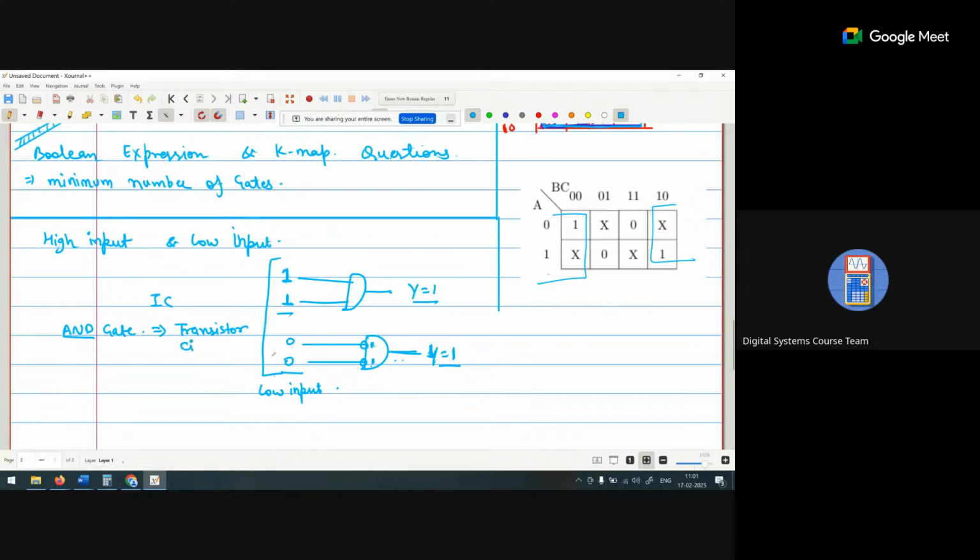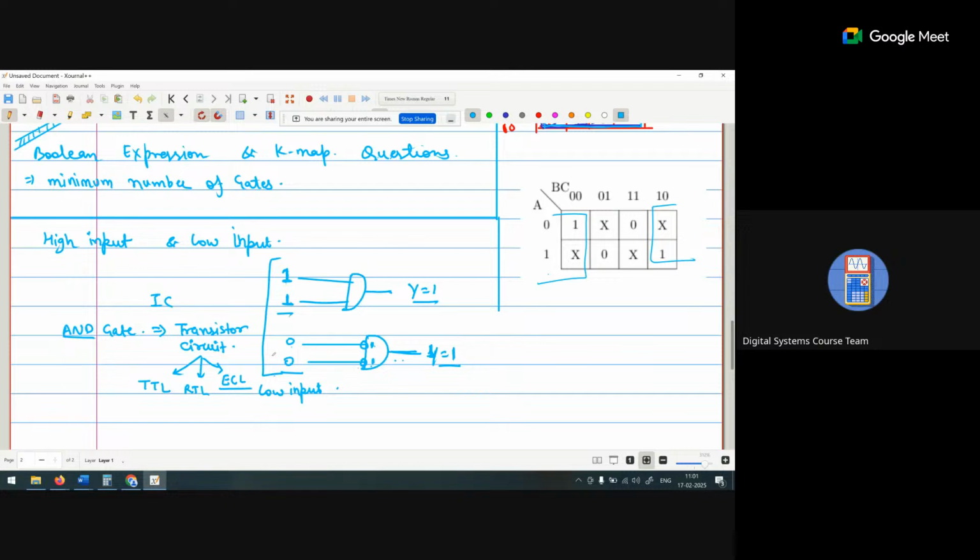Now, there are multiple technologies to design this. One is the TTL technology, transistor-transistor logic. Second is the RTL, resistor transistor logic, and one is the ECL, emitter coupled logic. I am just telling you 2 or 3.